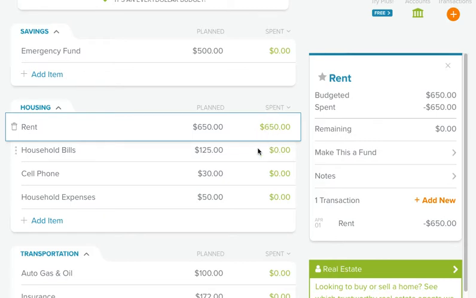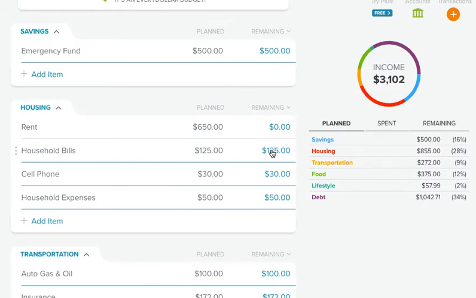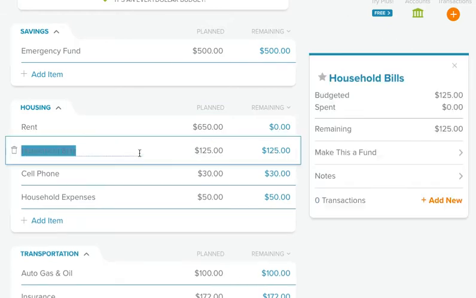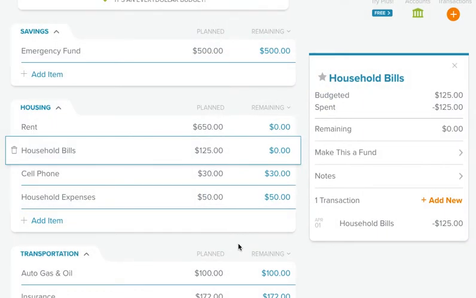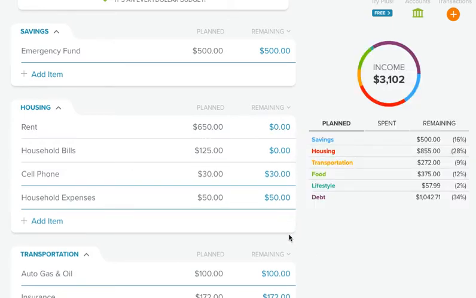So I already spent that amount. I already set aside. Okay. So the 125 yesterday. Cell phone I haven't paid. And then I'll start tracking the other expenses as they come.